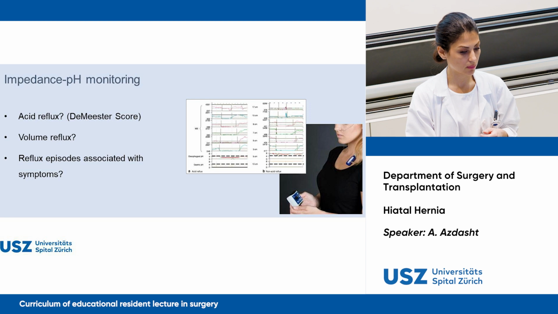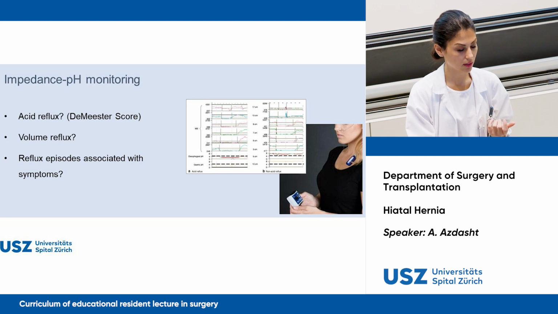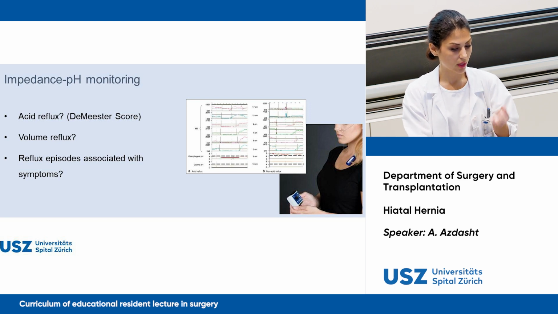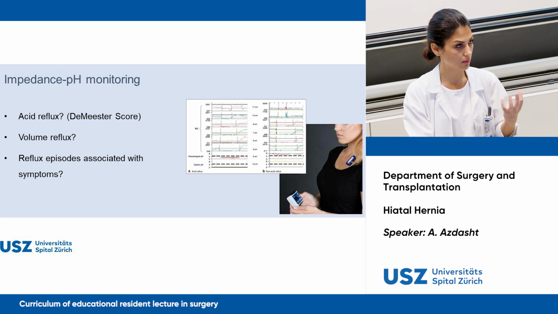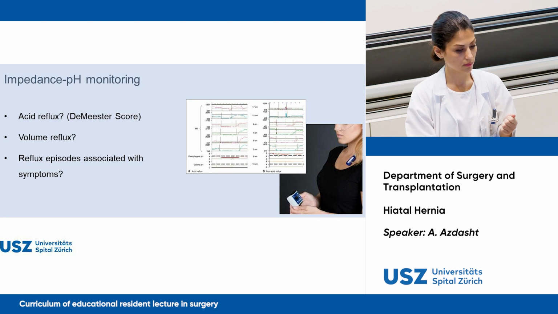Another diagnostic workup is the impedance pH monitoring. This is actually really interesting. We have a very small, maybe 1 or 2 millimeter thick nasogastric tube that is inserted, and the patient has this for 24 hours and has a small device. And whenever he feels symptoms, whenever he's symptomatic, he can press that button, and this is recorded.